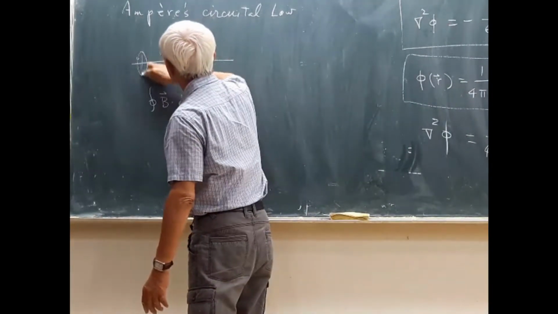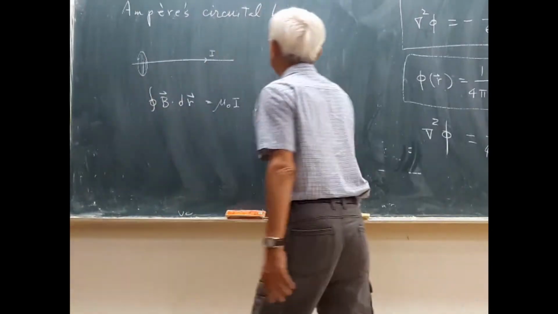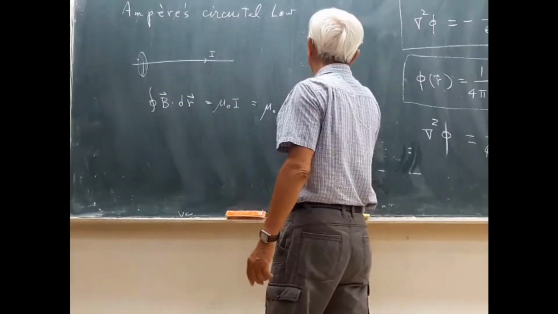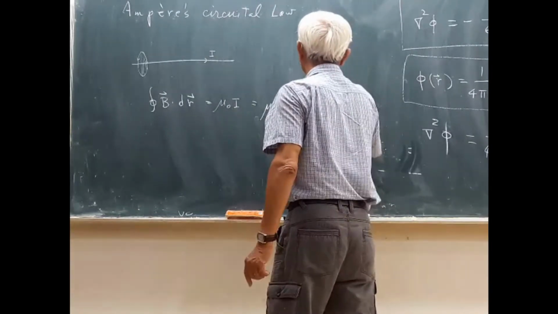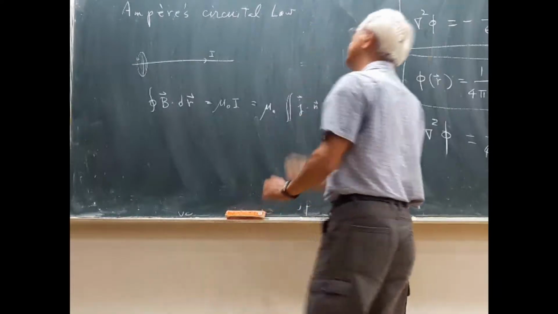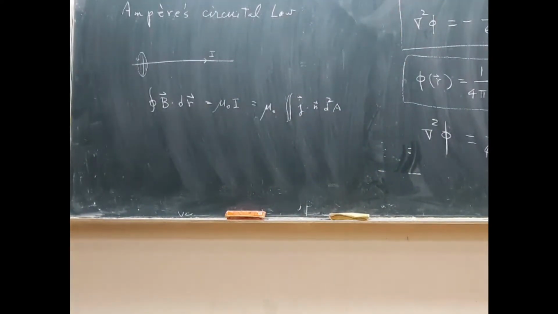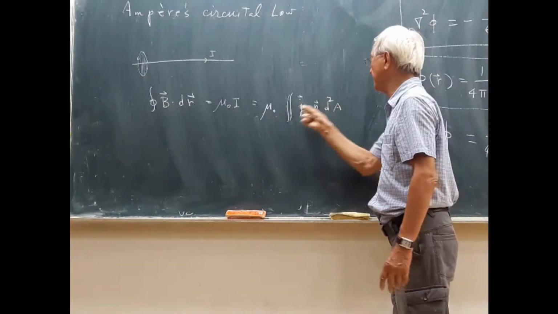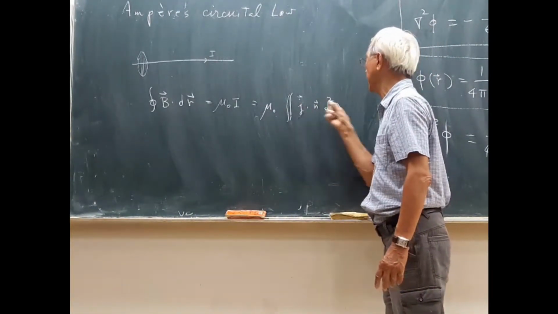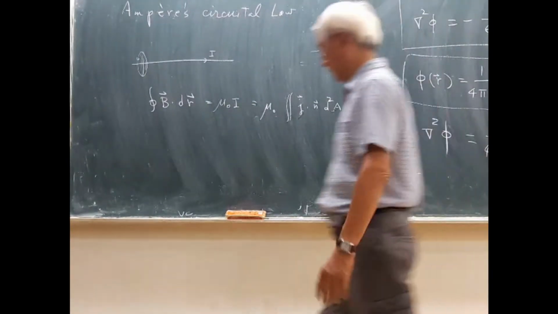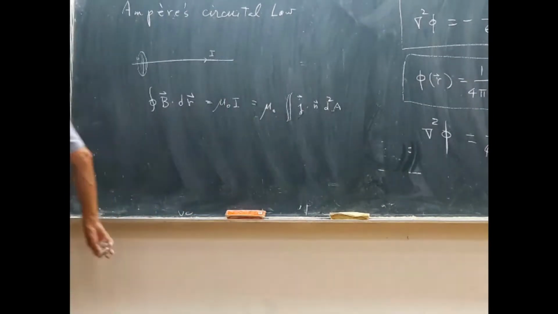So you make a surface, and that is equal to mu 0 times I, where I is the integral of J dot n. J is the current passing through the surface per unit time per unit area. So this is Ampere's second law.